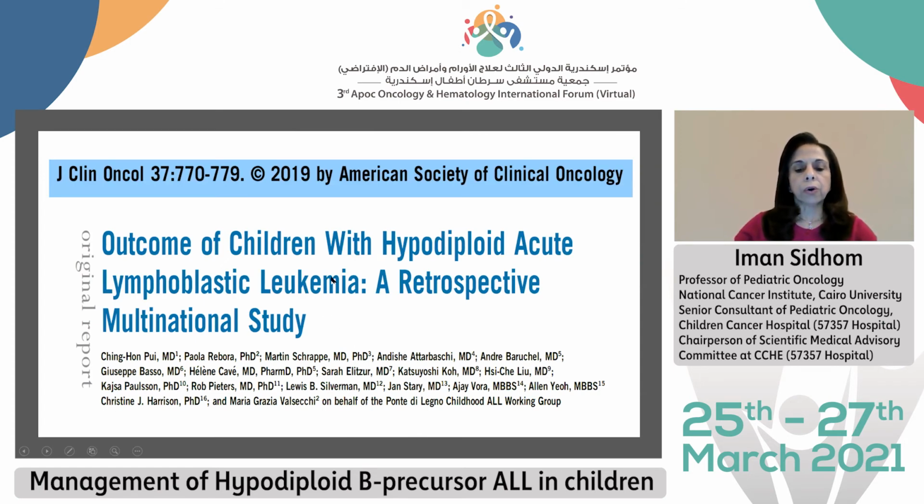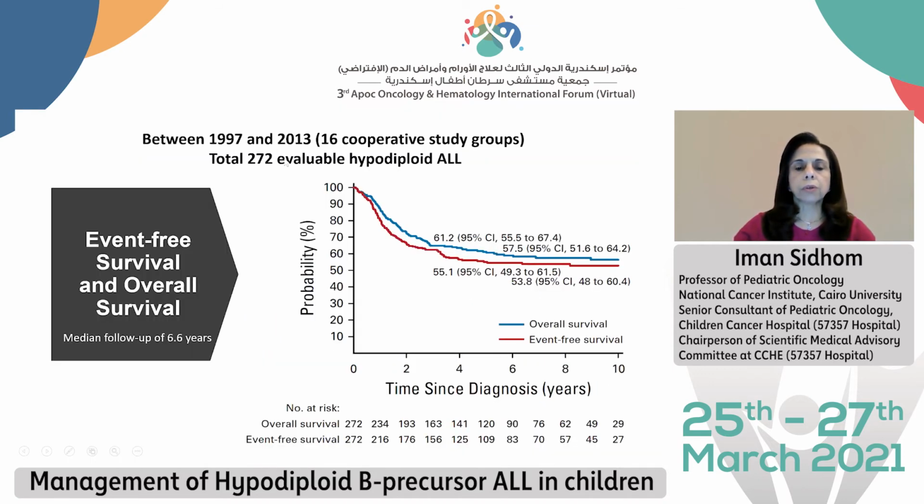The larger study on outcome of children with hypodiploid acute lymphoblastic leukemia was reported by Pui et al. 2019 in the JCO. It is a multinational retrospective study that included 272 evaluable hypodiploid ALL patients recruited from 16 cooperative study groups and treated between 1997 and 2013.